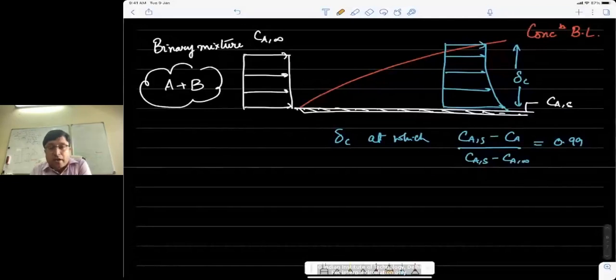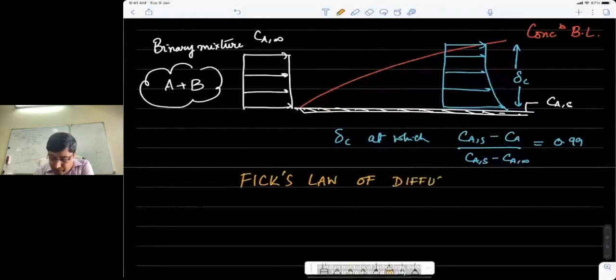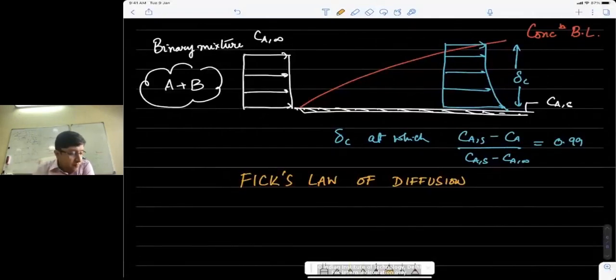We use Fourier's law in convective heat transfer. I will use a counterpart of Fourier's law, which is called Fick's law of diffusion. And Fick's law of diffusion is actually exactly the same as Fourier's law of heat conduction.